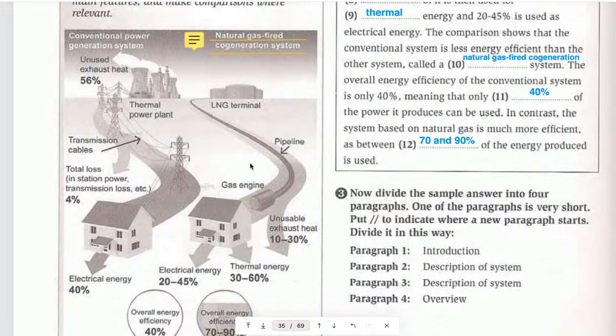So that means that with the second system, they only lose around 10 to 30%, so they still have around 70 to 90%. So that means it is more efficient than the other system.